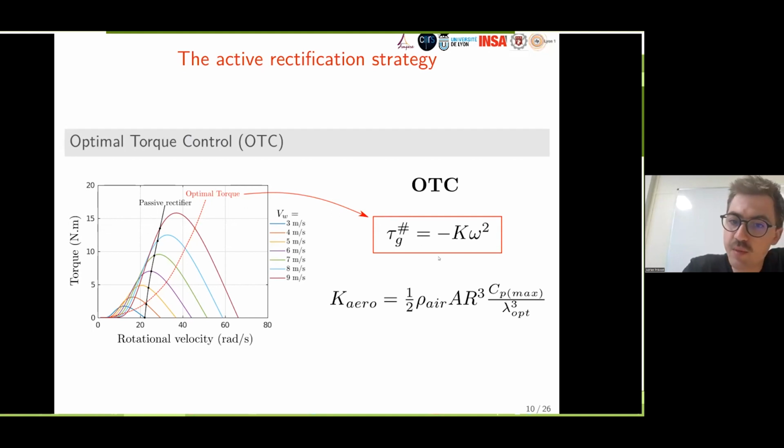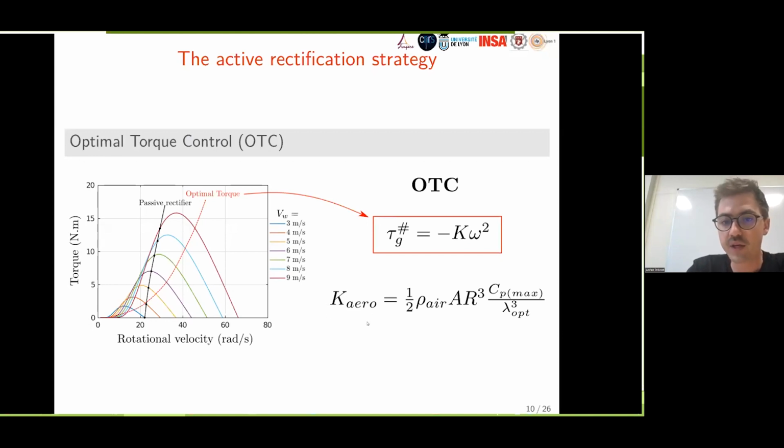use this simple law. This is the torque set point that we will control with the field-oriented control to obtain the optimal torque. Note that here the optimal torque is the torque that leads to the optimal power, which is different from the maximum torque, because power is basically torque times velocity.